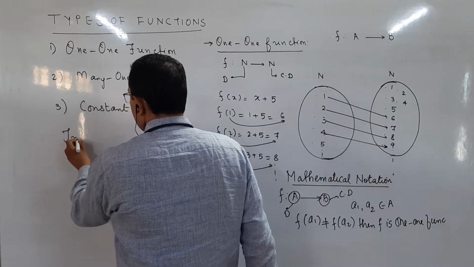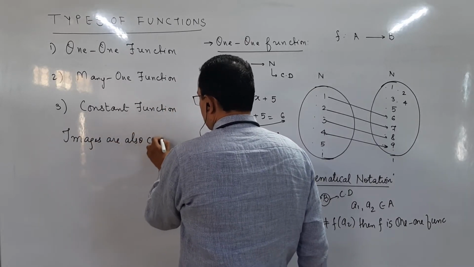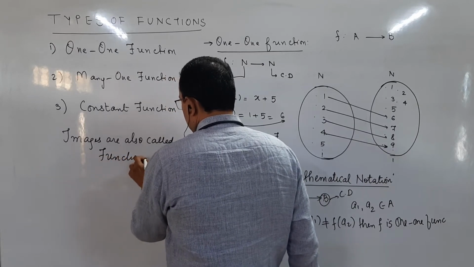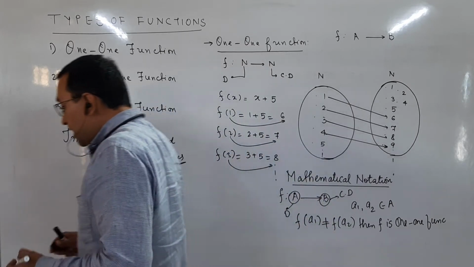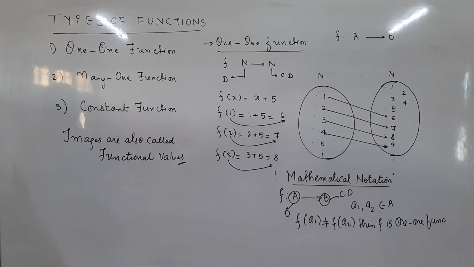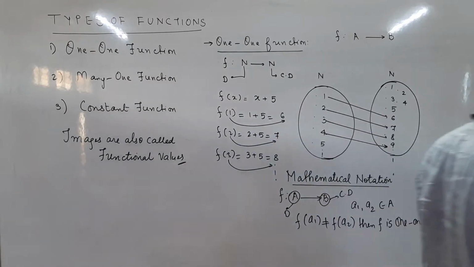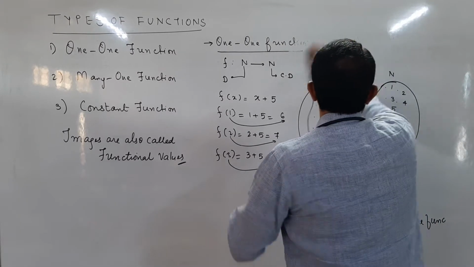Remember, images are also called functional values. Now, students, with this example, with this concept, I hope that all of you have clearly understood the definition of a one-one function. You can note down this example also while you are referring to this.